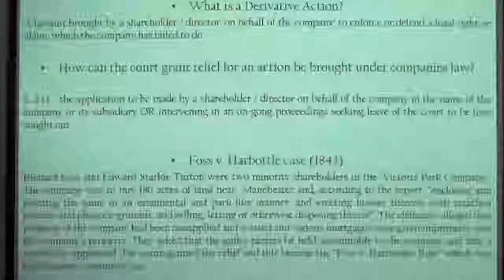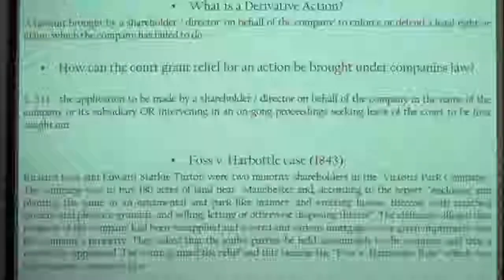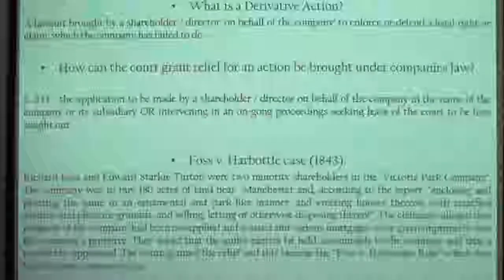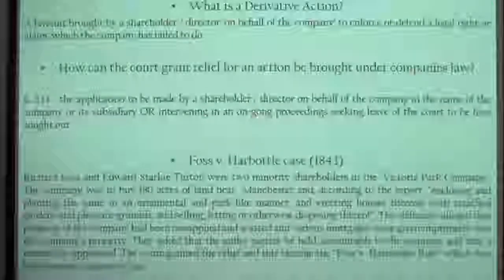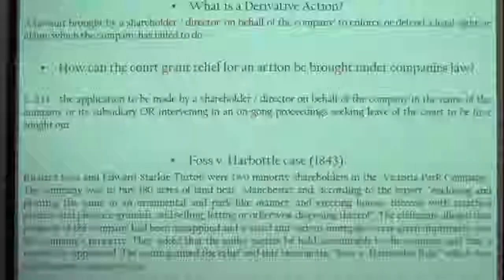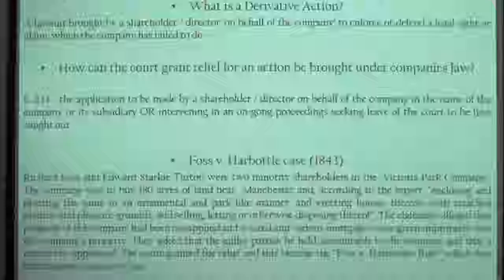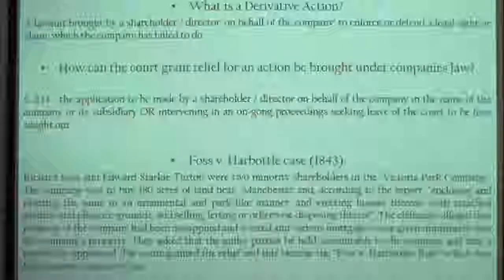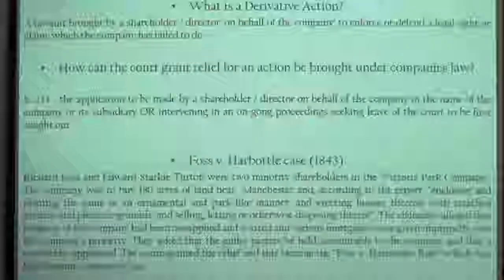If I may show you briefly, the way of applying for a derivative action in court is that you first of all write in your action that you are appearing on behalf of the company, for the interest of the company, and in the name of the company.